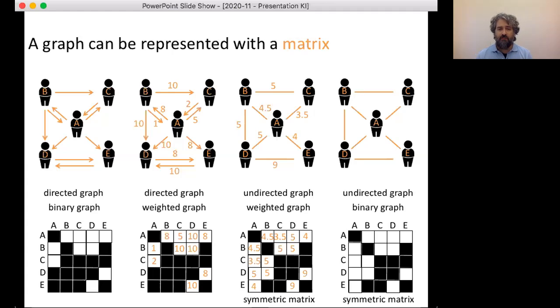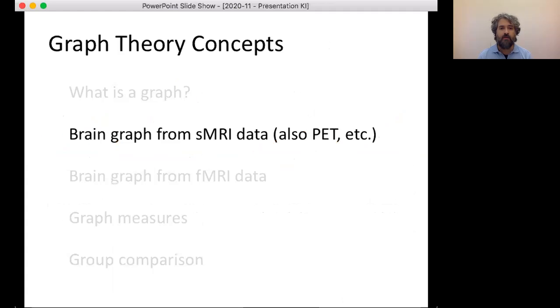So here you see the most common kinds of graph that you will encounter in a graph theoretical analysis applied to brain connectivity. Now, this tells you what kind of matrices we can have, but the question is, how do we get from actual brain data about subjects to the brain connectivity?